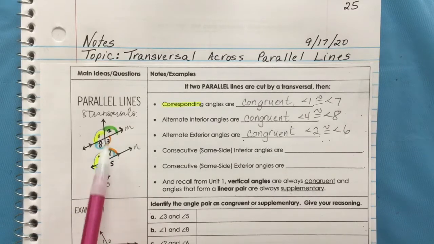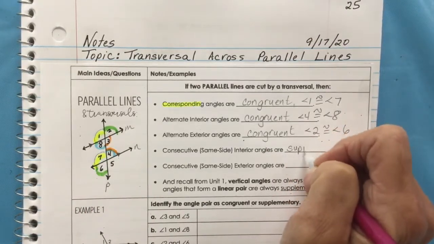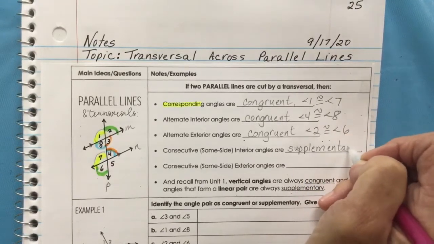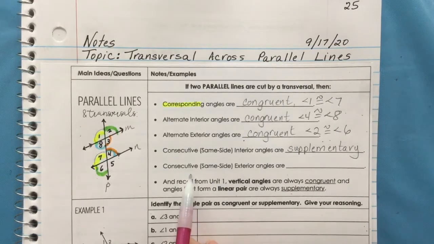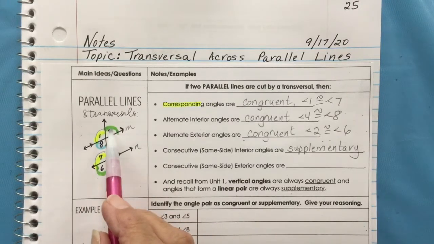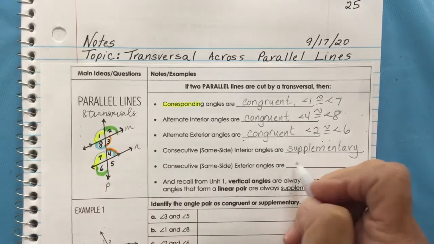Instead of being congruent, these are supplementary. They add up to 180 degrees. And that's also true for consecutive exterior angles, like 2 and 5. Acute, obtuse, those would also be supplementary.